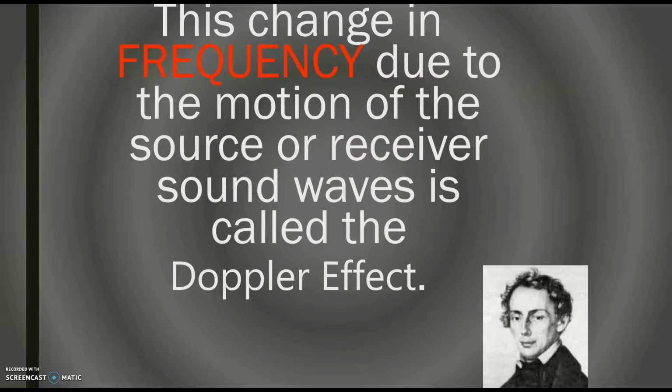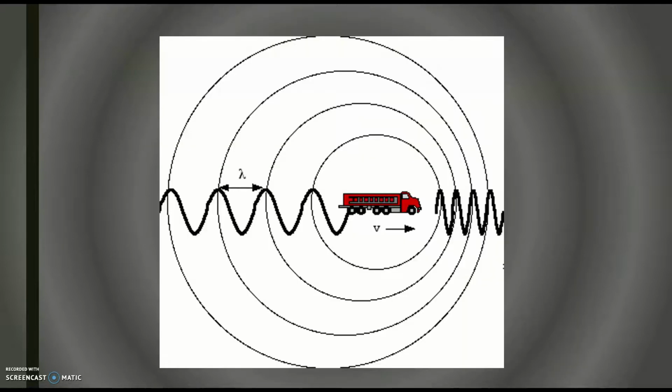Now, this change in frequency due to the motion of the source or receiver of the sound wave is called the Doppler effect. So here's a picture of it. As this car is coming towards us, it's producing a sound. Now, the sound is not changing.